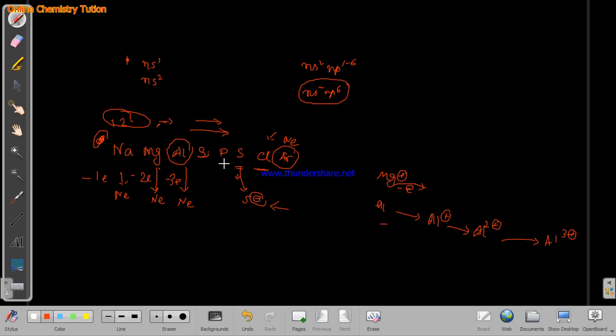To form P3- is even more difficult. So forming anions in these groups is also far more difficult. So we see that groups 6A and 7A, or 16 and 17, will form ionic bonds very easily, but before that, the groups form covalent bonds.